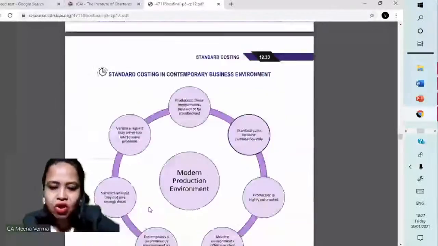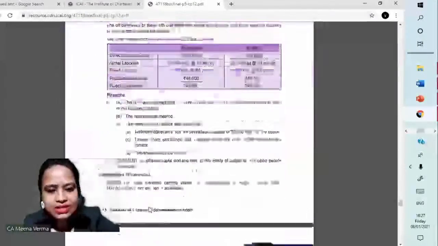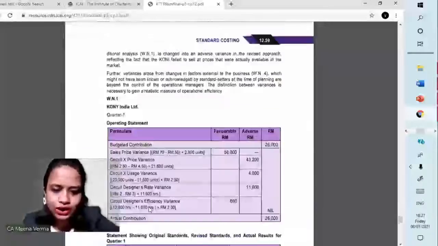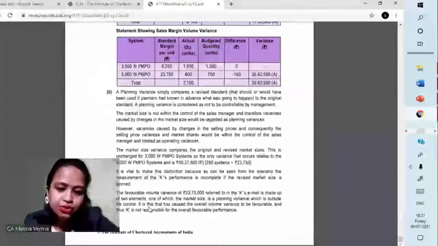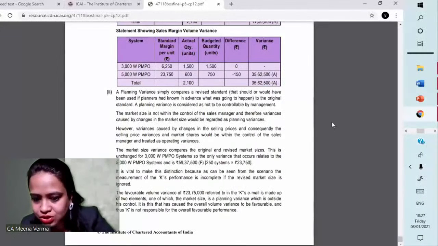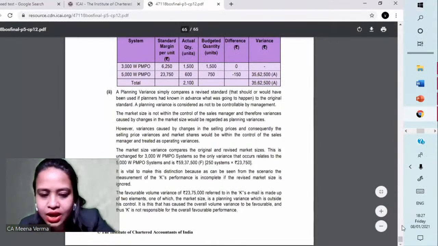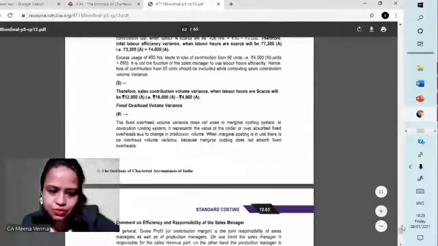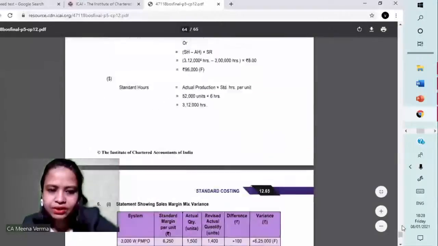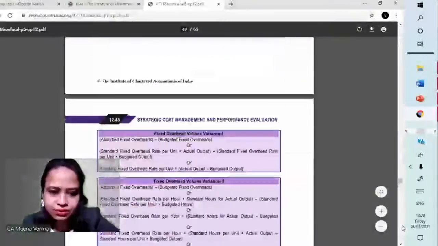One is the marginal costing method and the other is the absorption method. Since in the question you have already read that they have asked you to use the method of marginal costing, you will use that method. Otherwise, we have another method of absorption costing also. So we have two methods for preparing the reconciliation statement.